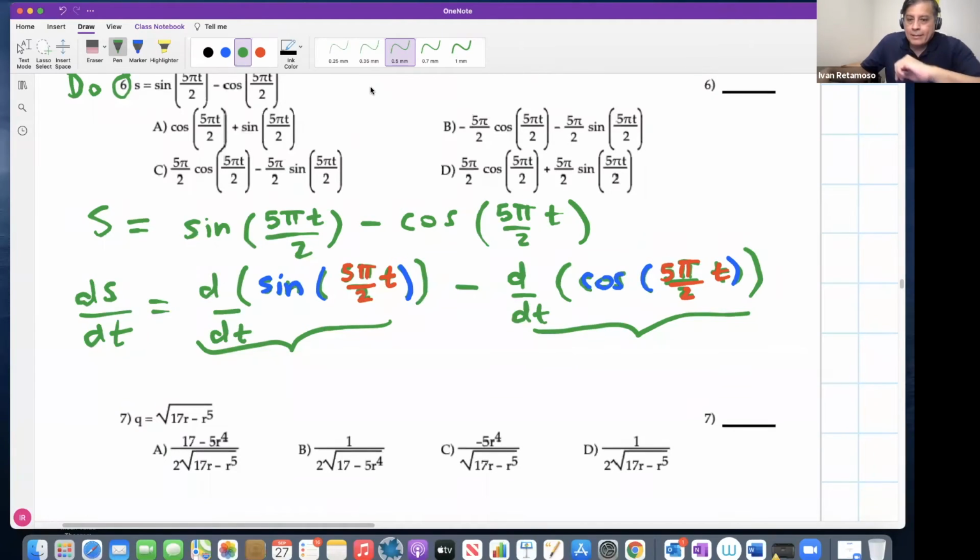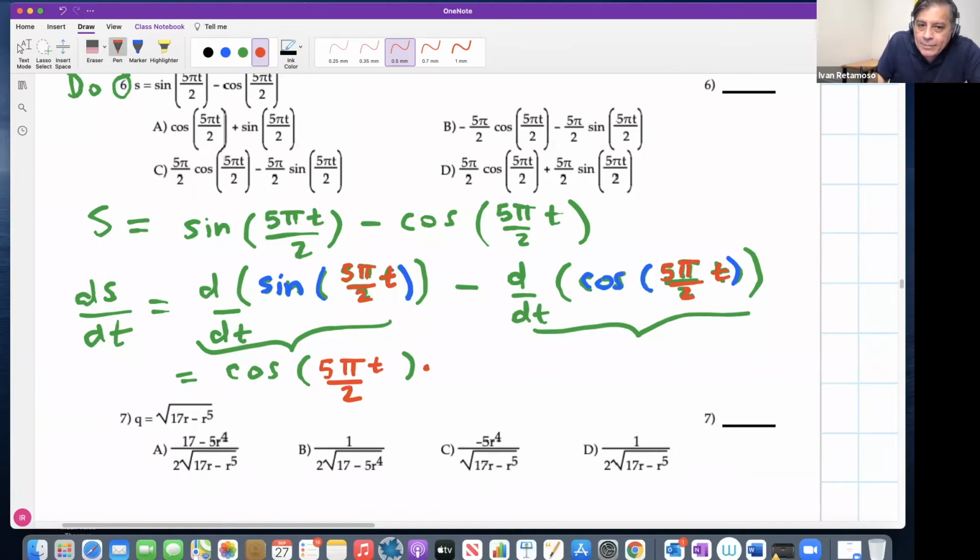Look, the derivative of this part should be derivative of the outside function, sine, which is just cosine, right? Cosine of something. But what is that something? The inside function, right? It stays here, 5 pi t over 2. Leave this alone, times the derivative of this. Since this is just a constant, it's just the constant part, 5 pi over 2.